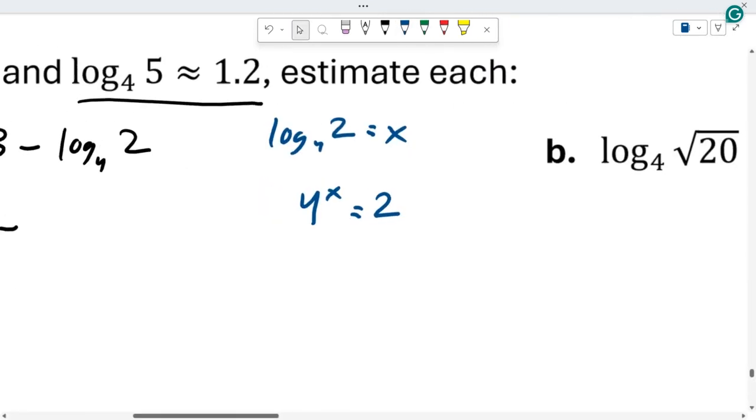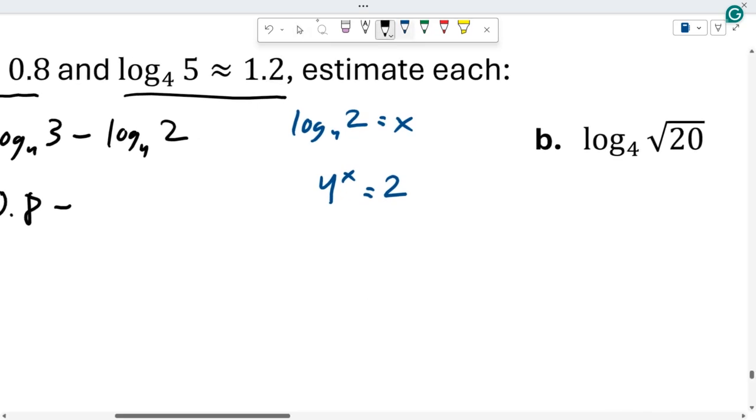Notice that what this is saying is that x, which is ultimately what I'm trying to find here, is the exponent on 4 that results in a 2. So our task right now is to figure out what exponent I would want to put on 4 in order to get a 2.